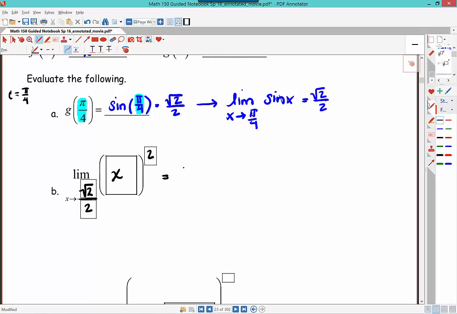That would give us root 2 over 2, the quantity squared, which at the end of the day is what? 2/4, which is 1/2. Good so far?